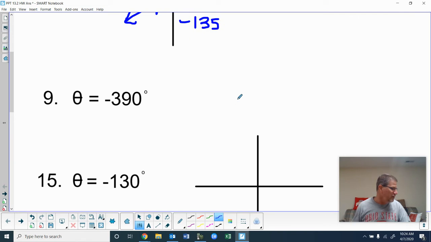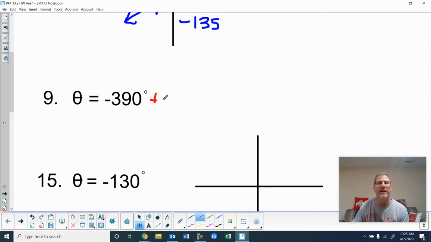I picked one here, number 9. We were supposed to find the measures of a positive and negative angle that are coterminal with each given angle. So for these problems, all you do is add 360 and subtract 360. But since this is bigger than negative 360, I'm going to add 360 twice.